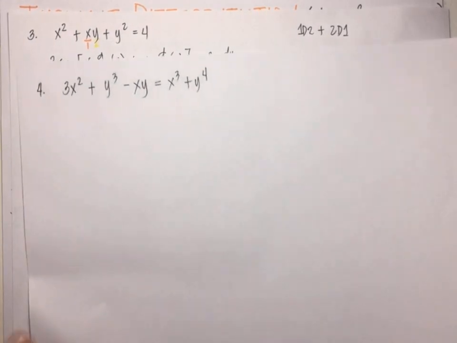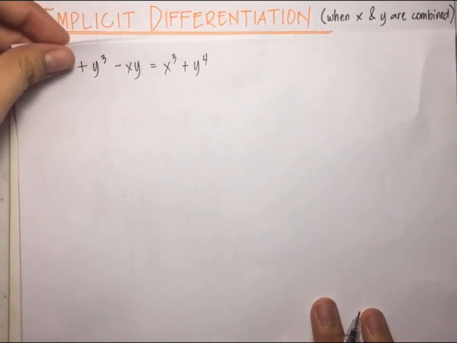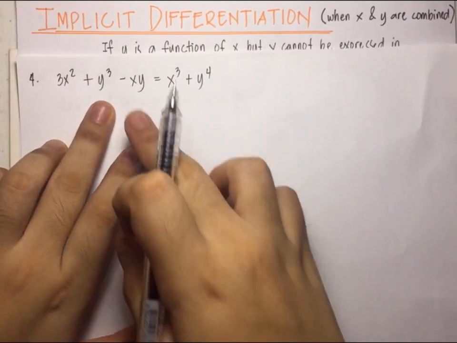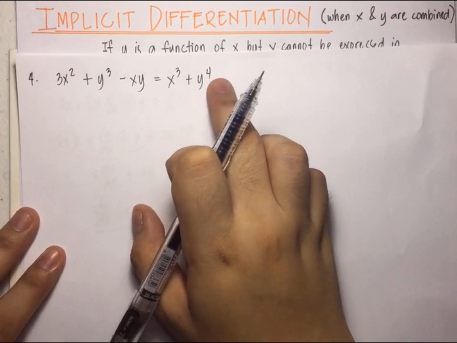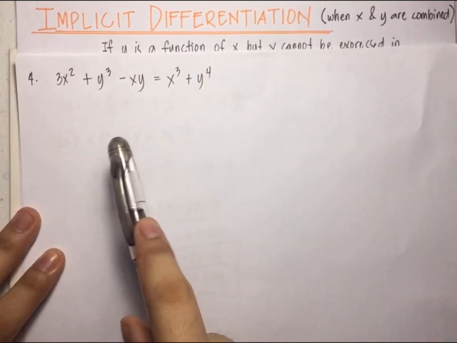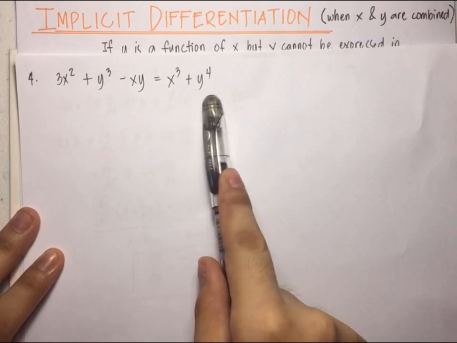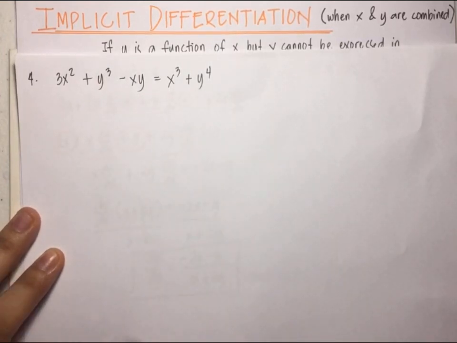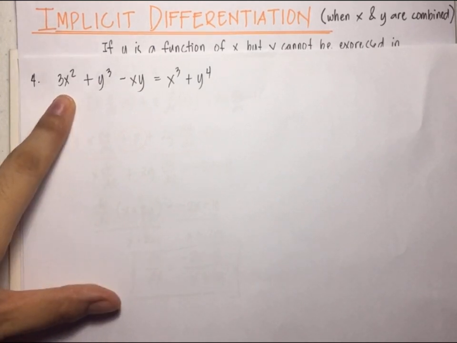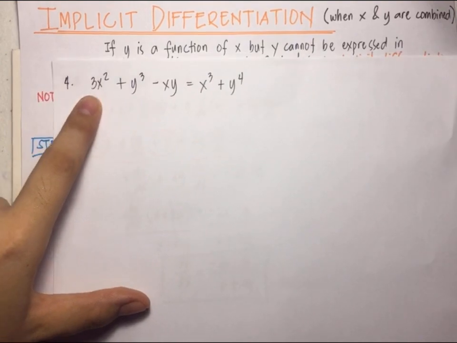Another example, 3x squared plus y cubed minus xy equals x cubed plus y to the fourth. Now in this problem, x and y are combined on both sides of the equation. The same process, first, find the derivative of each term. What's the derivative of 3x squared?